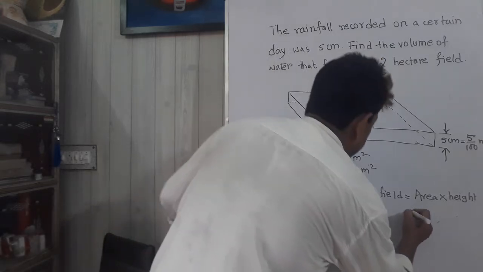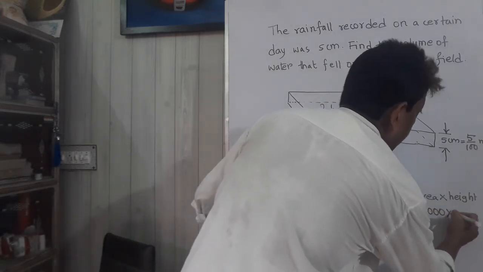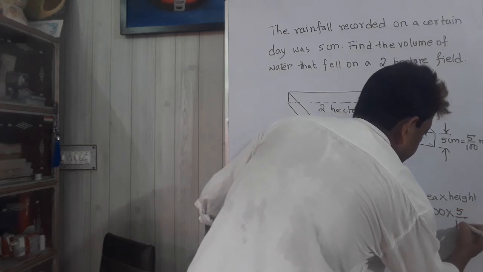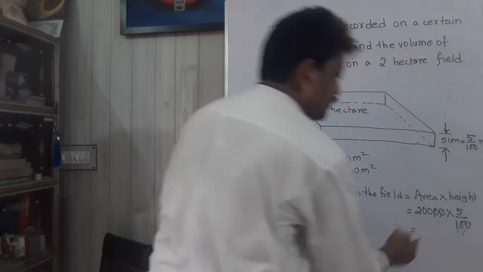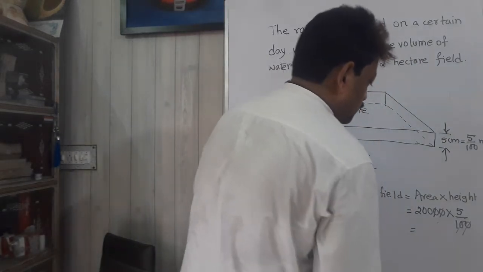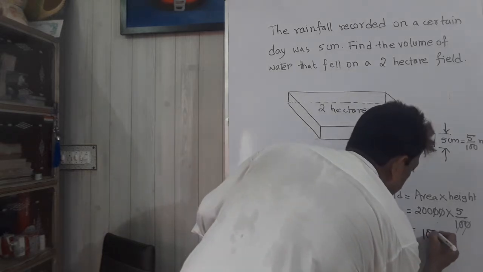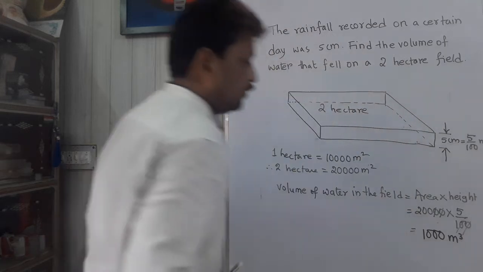So area is 20,000 meters square and height is 5 by 100. So 2 zeros are cancelled, means 200 into 5, that is 1000 meter cube. Understood?